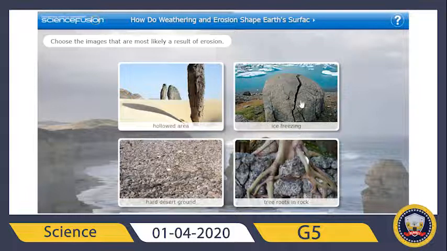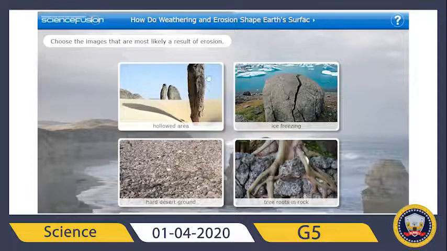So the ice freezing and tree roots in rock were the examples that we gave in order to understand weathering.